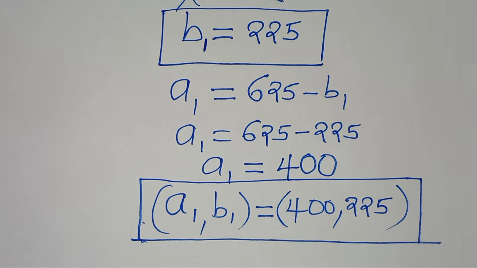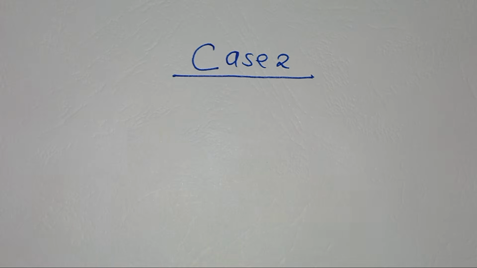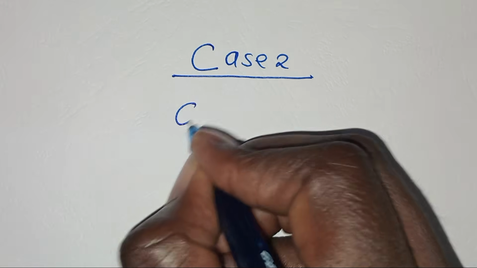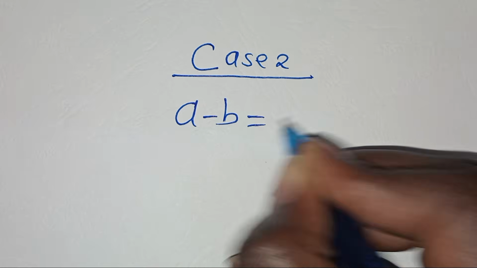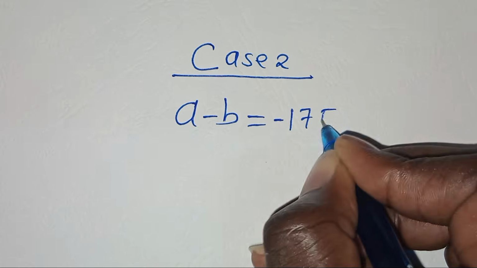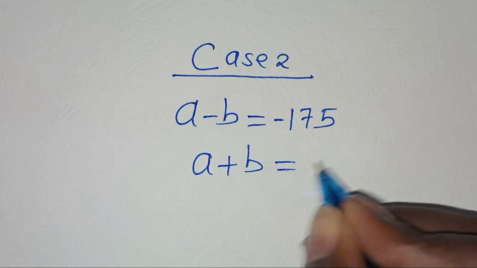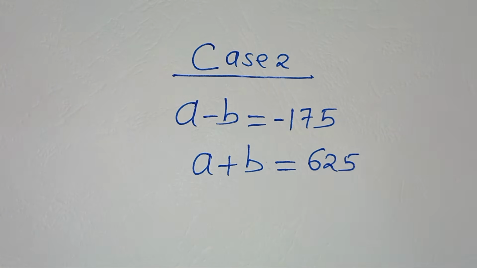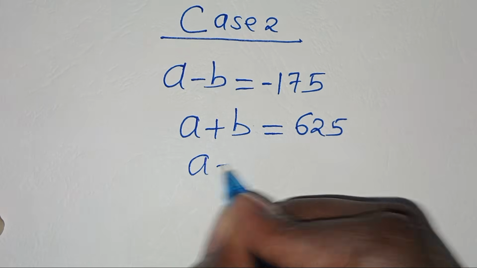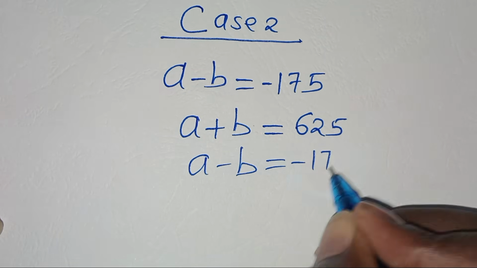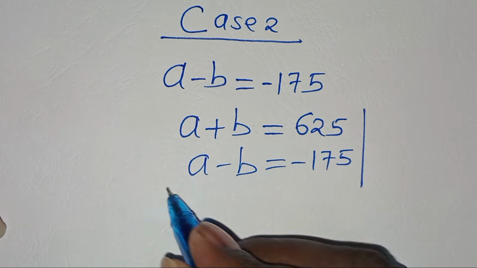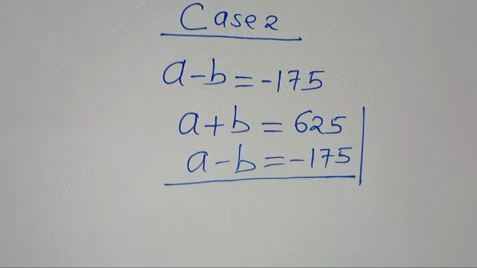Let's proceed to case 2. In case 2, we have a minus b equal to negative 175, and a plus b equal to 625. Again, these are systems of two linear equations.